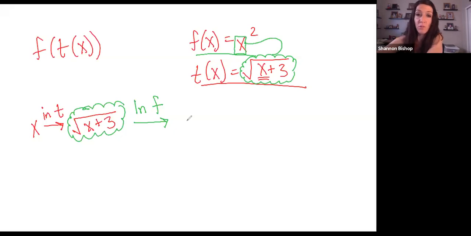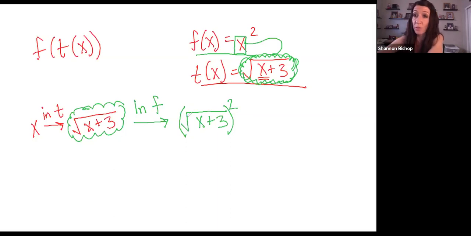So when you do that, you've got the square root of x plus 3, but then thanks to f's function, that would get squared. F's function says x squared, except now x isn't an x, it's this whole thing. You're replacing the variable with this entire other function. So you can simplify this just a touch.